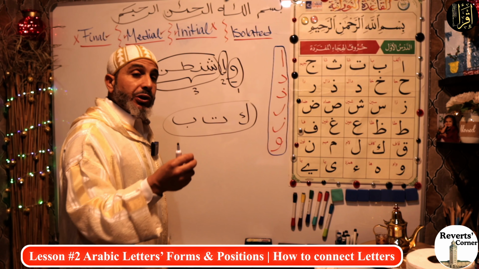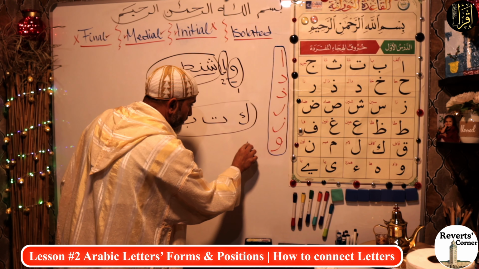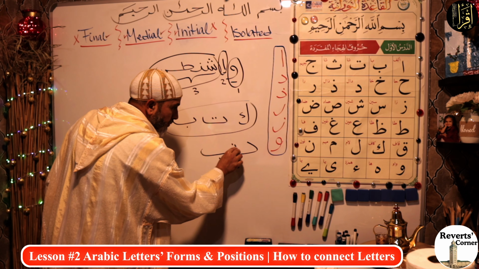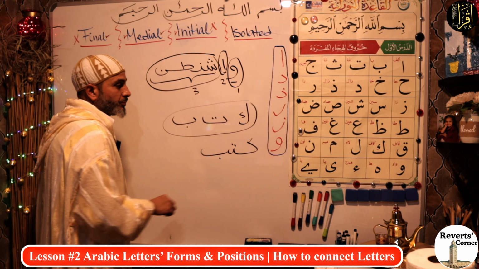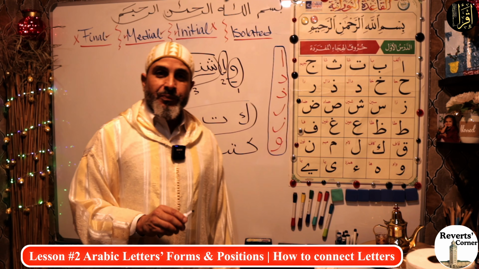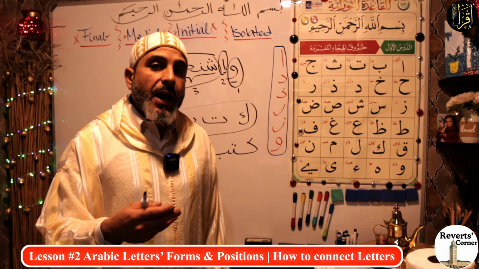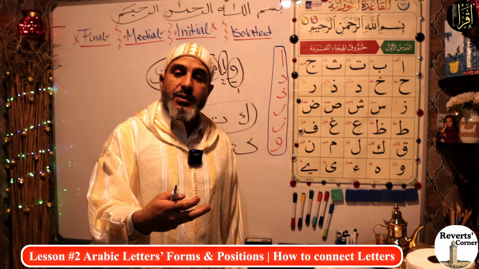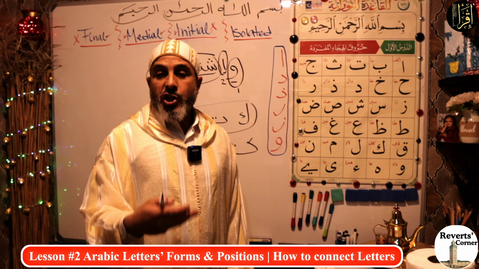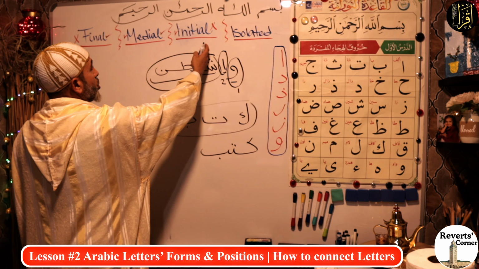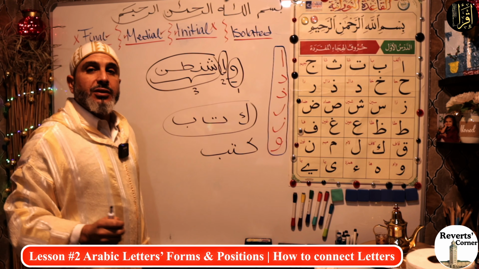Therefore, kataba would look like this. You follow me? You will see how each Arabic letter transforms and changes format and shape in 3 different positions: the initial, the medial, and the final.